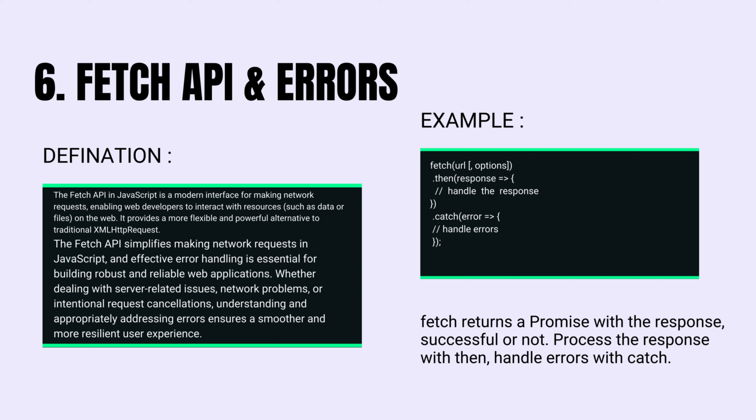The Fetch API simplifies making network requests in JavaScript, and effective error handling is essential for building robust and reliable web applications. Whether dealing with server-related issues, network problems, or intentional request cancellations, understanding and appropriately addressing errors ensures a smoother and more resilient user experience.